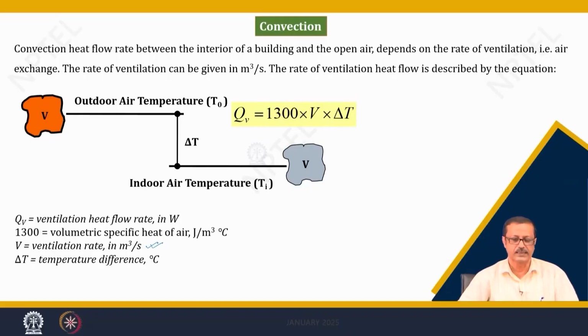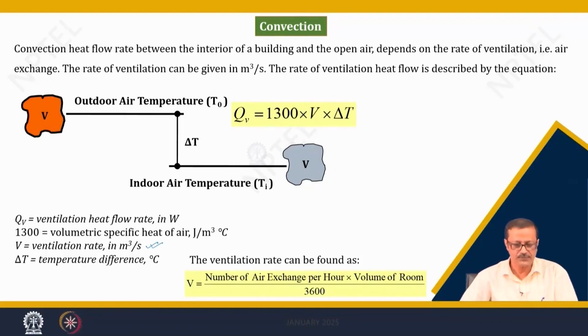If I know these two values, I can directly multiply with 1300, the volumetric specific heat of air, given as joule per meter cube per degree centigrade. So I can find out how much heat comes in, the heat flow rate due to convection.